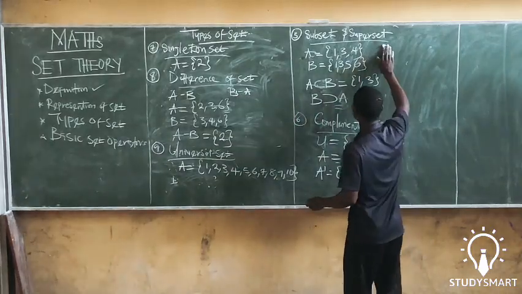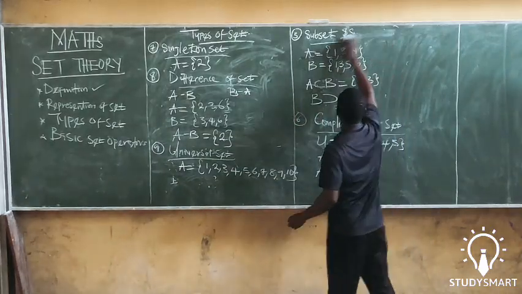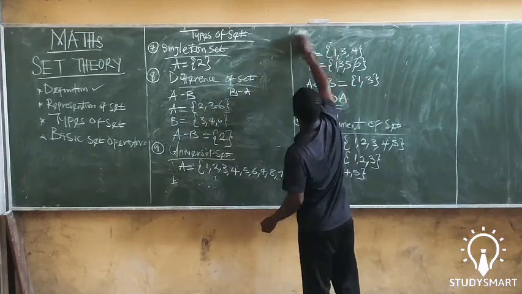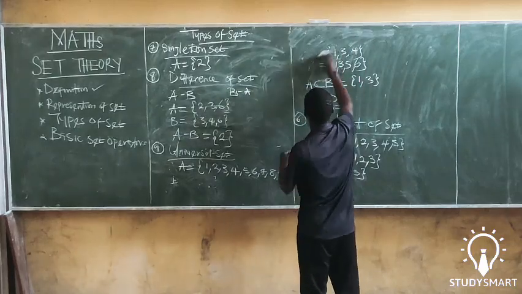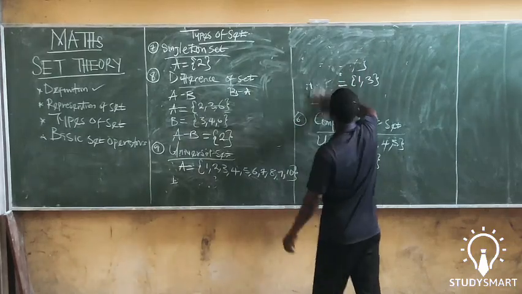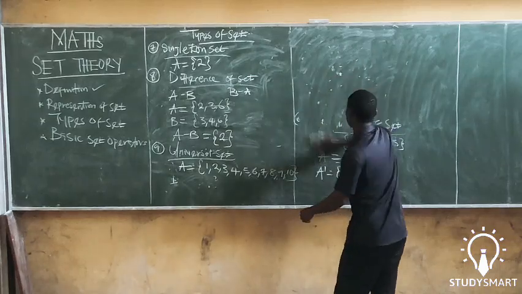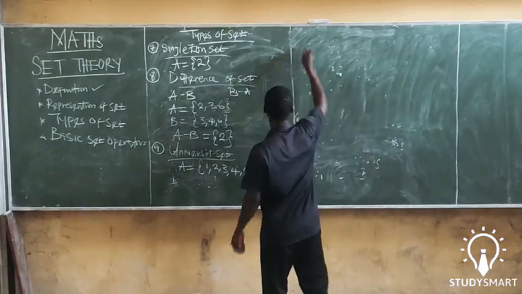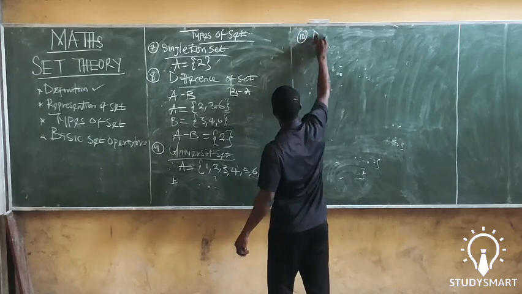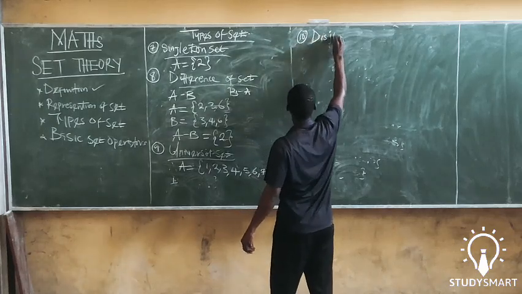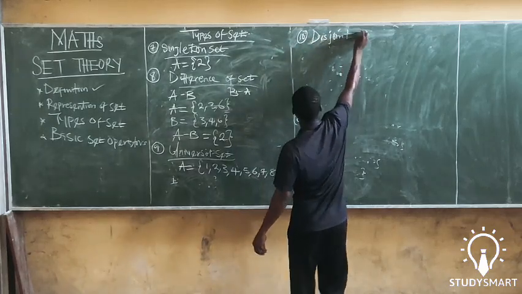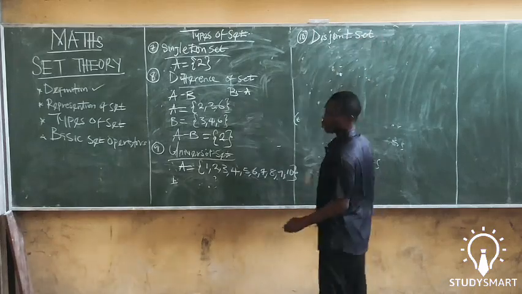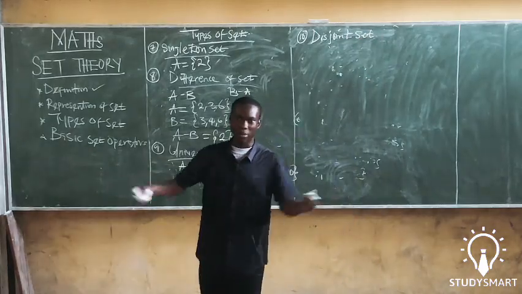And then we are going to be looking at disjoint sets. You know when something is disjoint, it's when they are separated.